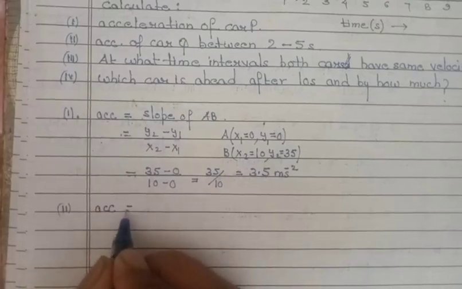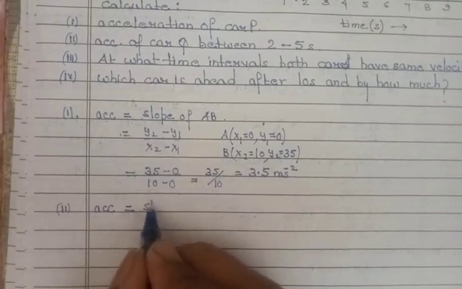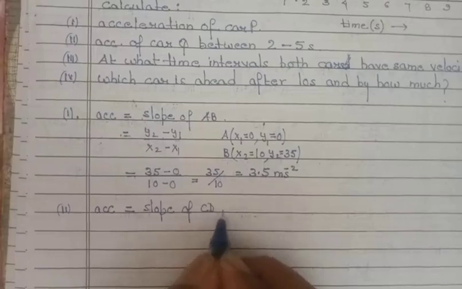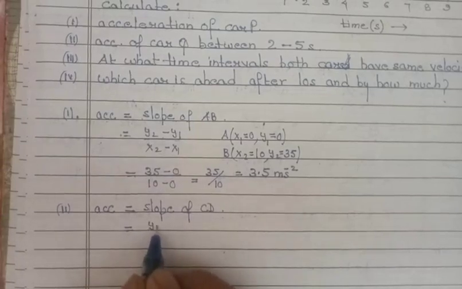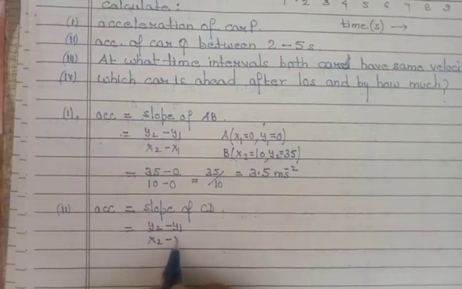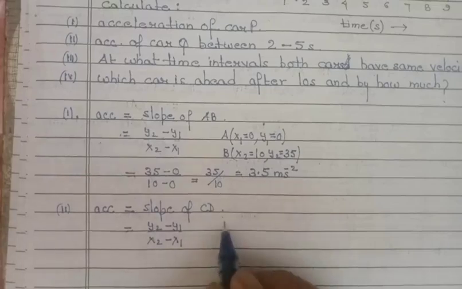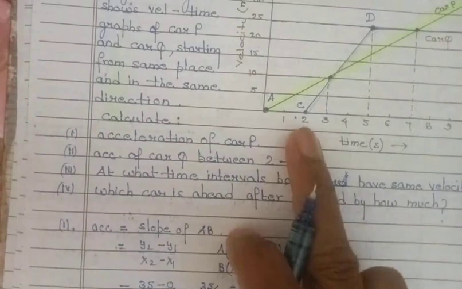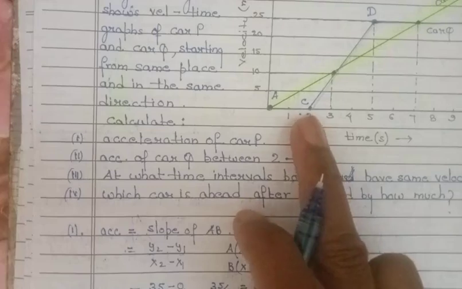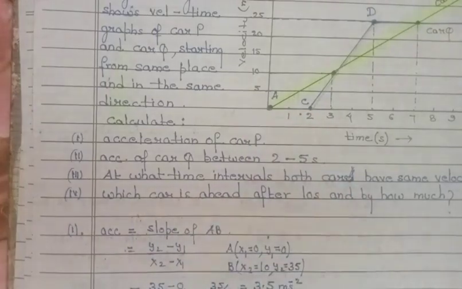Acceleration of car Q is equal to slope of CD. Using the formula, now at point C, you can see value of x is 2 and value for y is 0.